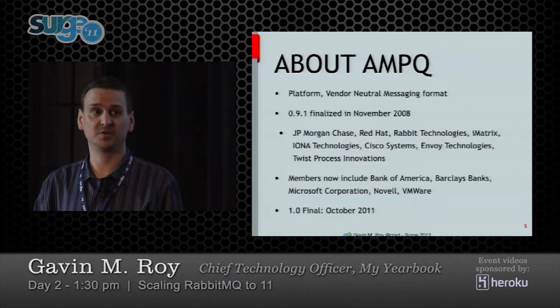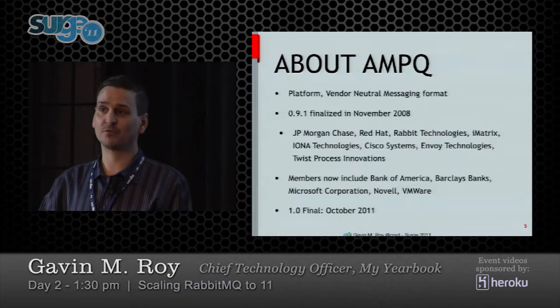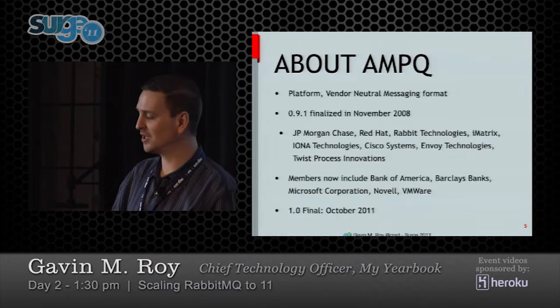Its goal, AMQP, is to be a platform-neutral, vendor-neutral messaging format. And that's a key thing from our perspective, because we talk to RabbitMQ from PHP, Python, C, Erlang. We have the ability to talk to it from Postgres, all sorts of different places across multiple platforms, operating systems.